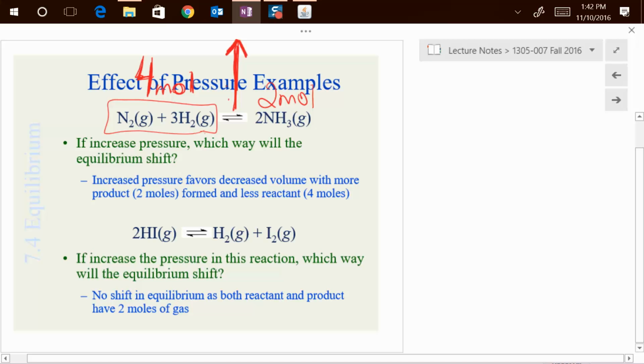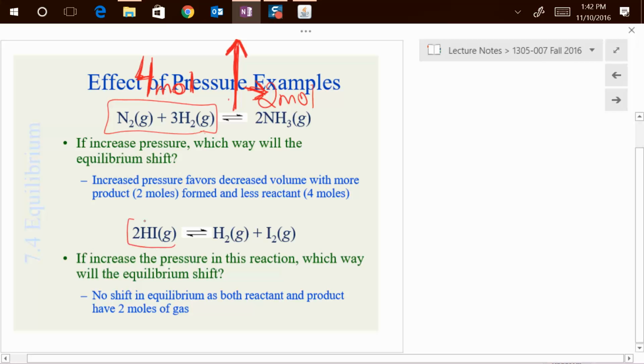Left or right? Right. It wants to go to the 2 moles to bring the pressure back down. If I increase the pressure and it's all stressed out, it has to try to bring that pressure down to re-equilibrate. How does it do that? It does it by shifting to the side with the least number of moles of gas. Okay, that's what it does.